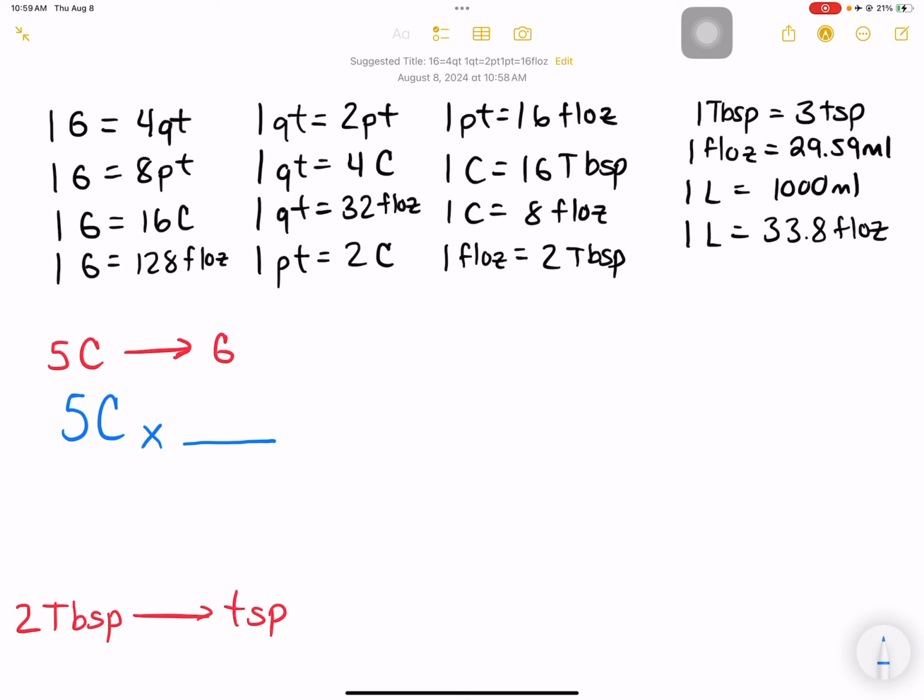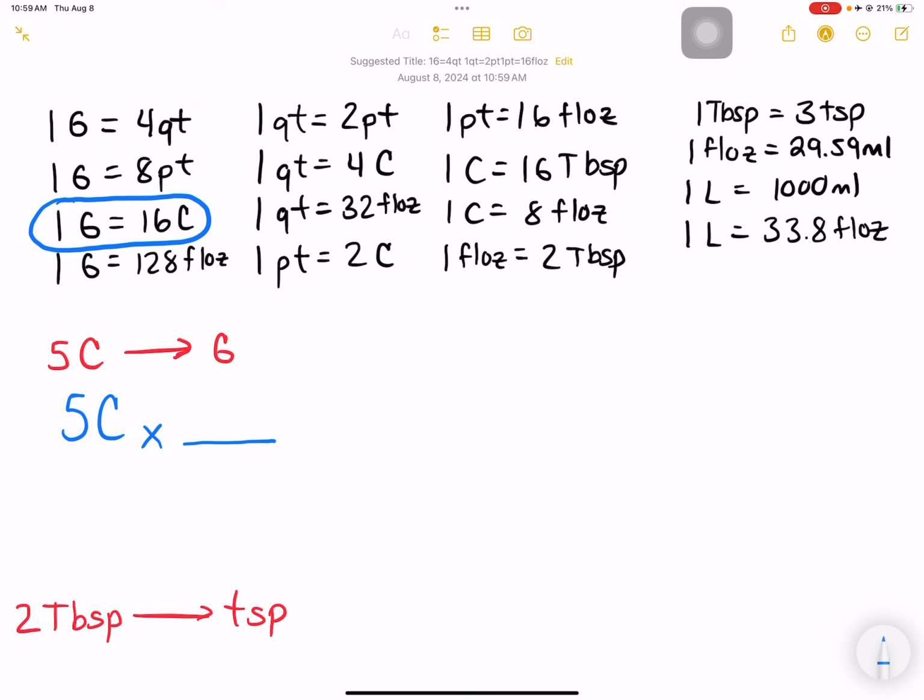And as you can see, the one that relates cups to gallons or gallons to cups is the same thing, the 1 to 16. So I'm going to rewrite this conversion equality, 1 gallon equals 16 cups, as a fraction, so that the units that are given, the 5 cups, cancel out with the cups in the conversion factor, and that's going to guide me into gallons.